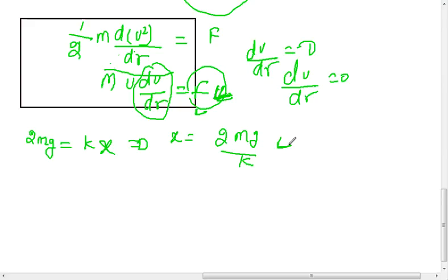Here you can analyze that the variation of dx should be 0. Let's see here, what can I write?